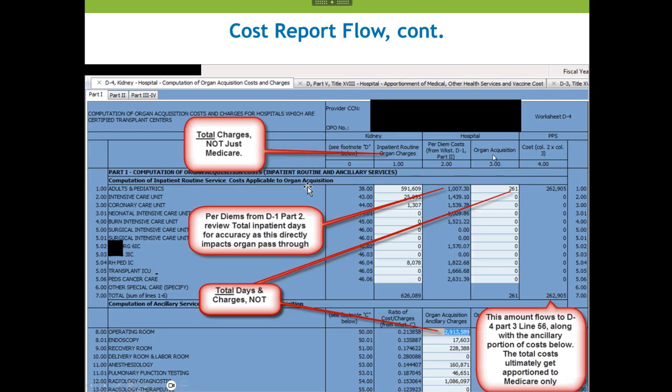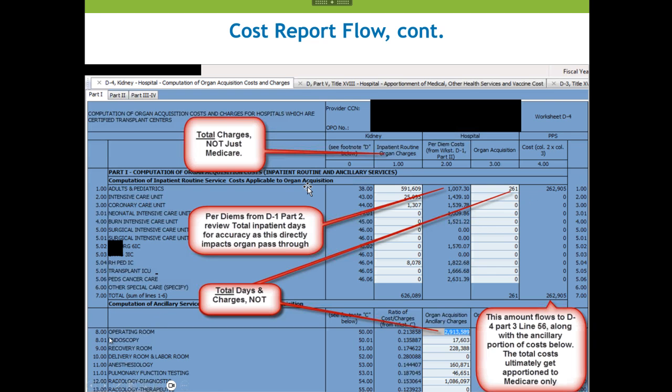But the days, I know the label is not all that clear, but it's the days that really matter from a reimbursement perspective. Organ acquisition days, column 3, 261 days in this example, multiplied by the per diem, gave us this amount of reimbursement. It is a little bit odd that they had ICU and CCU charges and no days. That would be something we'd be looking at. But in any case, that's how it flowed.